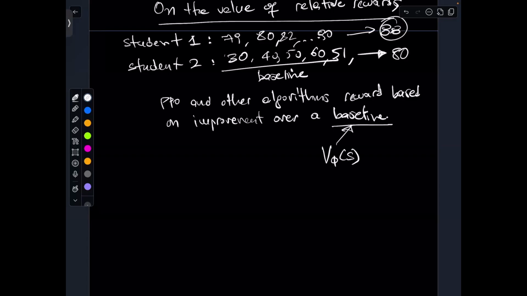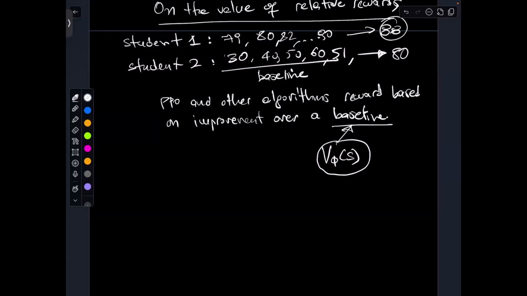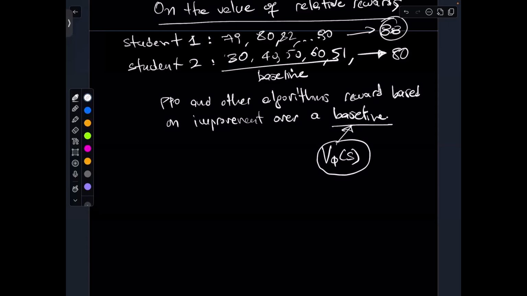So we need to learn, and we parameterize this value function typically with the letter phi, because it's going to be the job of some other network that we will call the critic, to estimate that baseline. And the relative difference between the immediate reward and the baseline is going to be called an advantage.